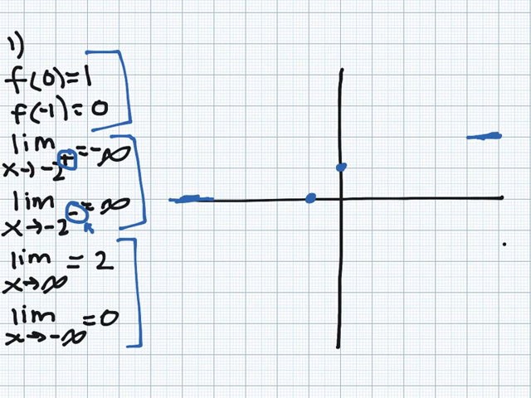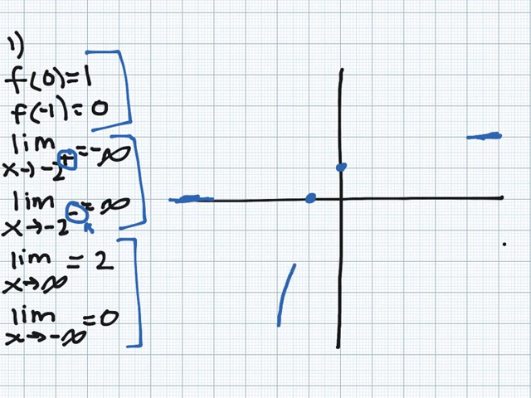So when we approach negative 2 from the right side, it's going to approach negative infinity. So we're going to get closer to negative infinity.